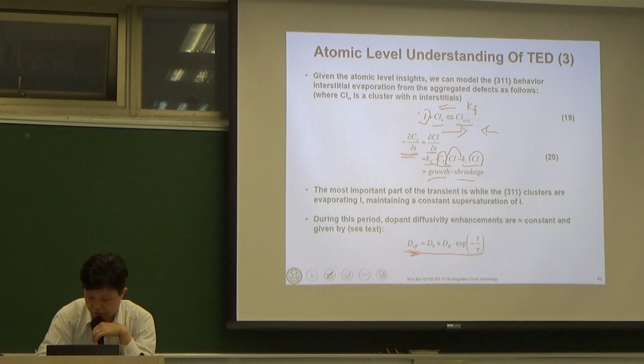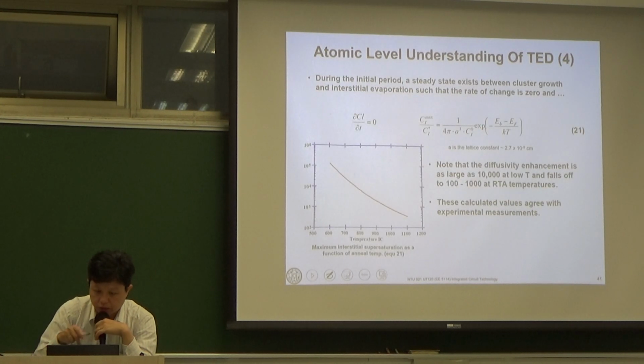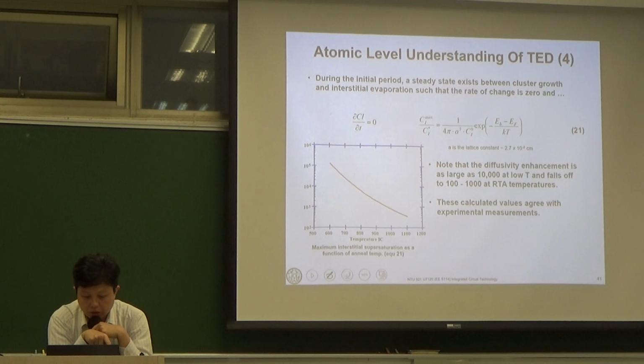And we have the different parameters here. Then we can calculate this in a steady state, so the cluster growth and the evaporation can reach balance, so the net rate change is zero.